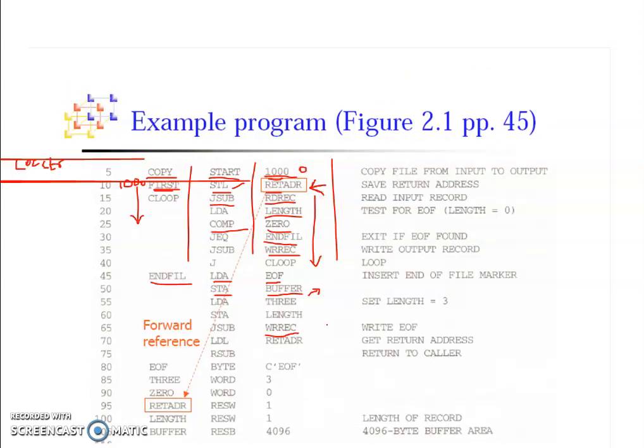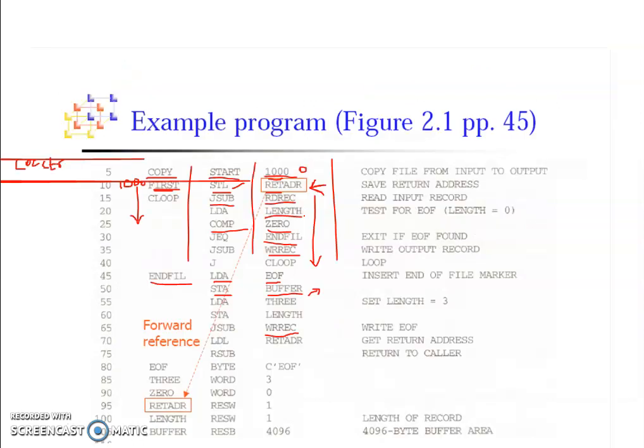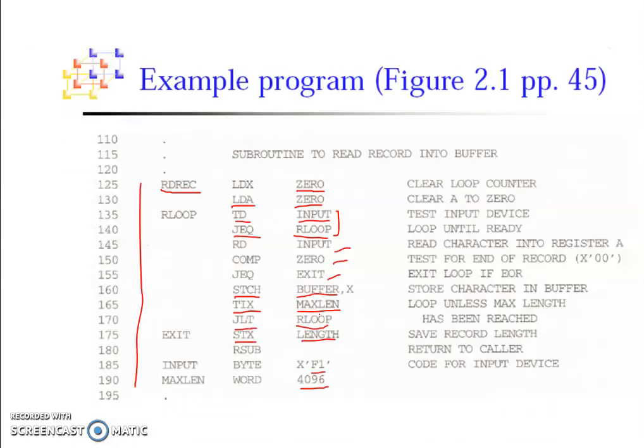Okay. After returning to the calling program, what all things will you be getting? You will be getting the return address, that is return subroutine. So here, length you will be getting, that is stored here, maximum length.